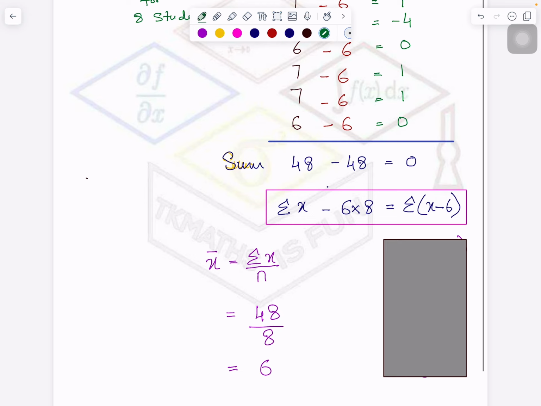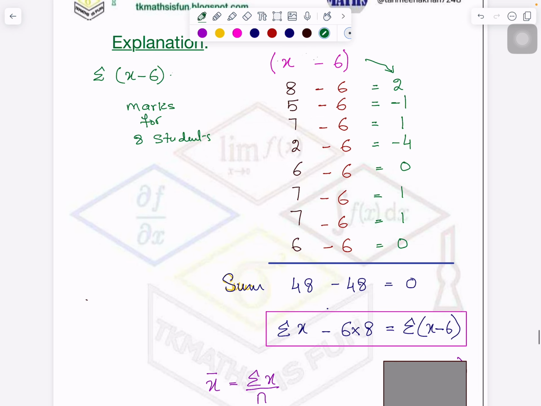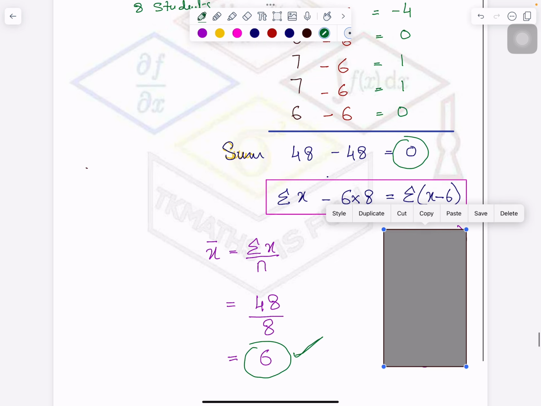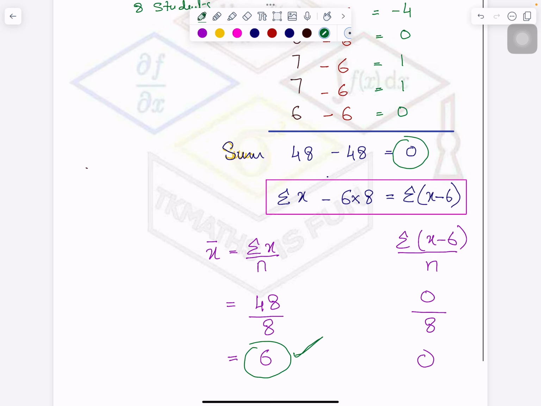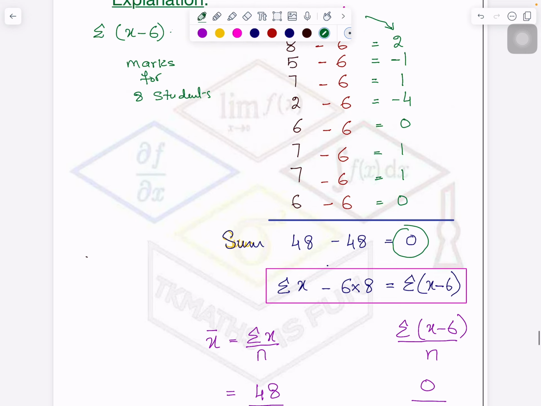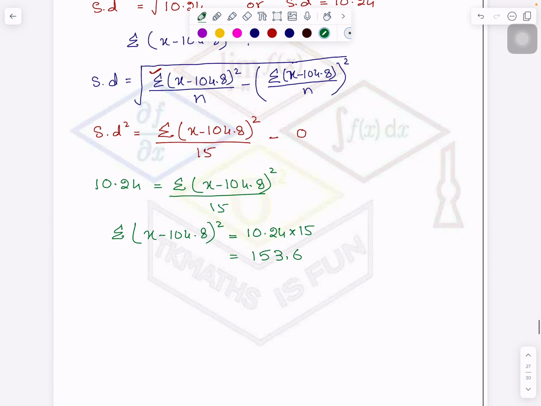This is the mean of the actual data, or average of the actual data. If you subtract this number from each data, then the mean of the new data will be 0, because you are trying to find the mean of x minus 6. X minus 6 is giving you the new sum, right? So that will be equal to 0. So I hope you understood the reason behind why I have taken 0 here.